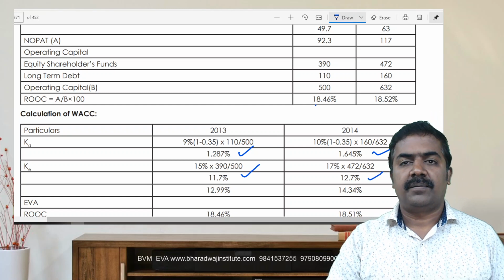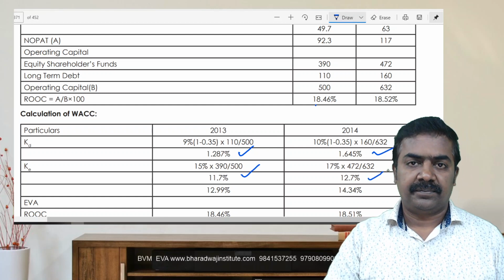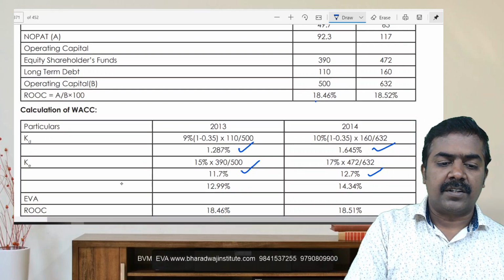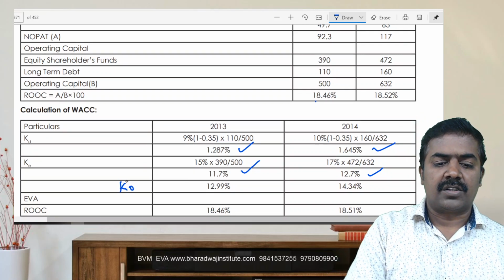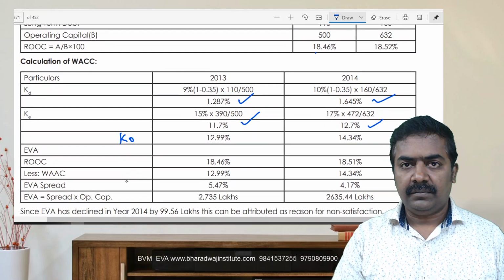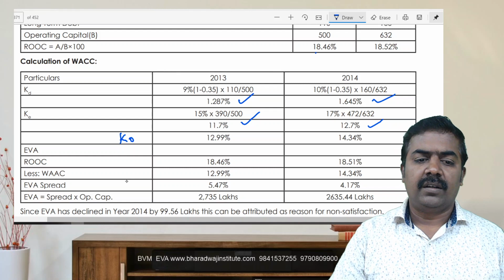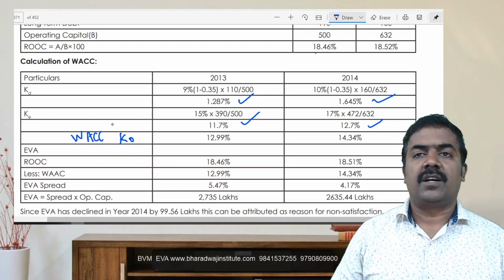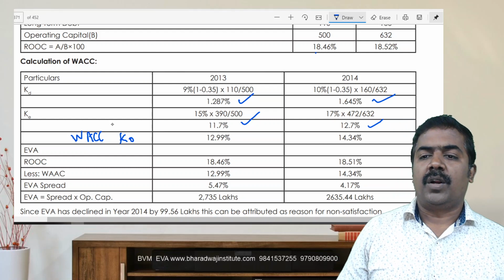Add both, you get the overall cost of capital. This 12.99% is called the overall cost of capital, otherwise called the weighted average cost of capital.